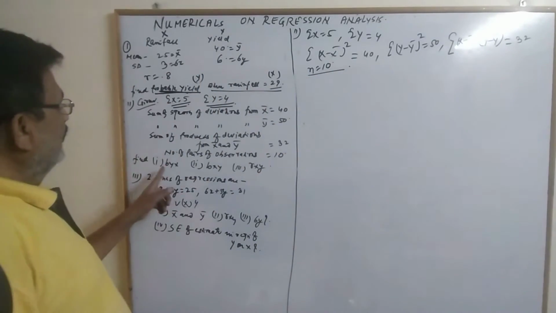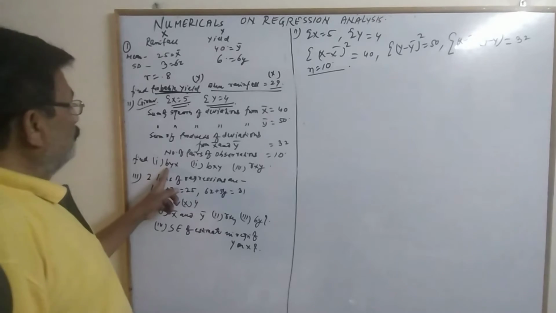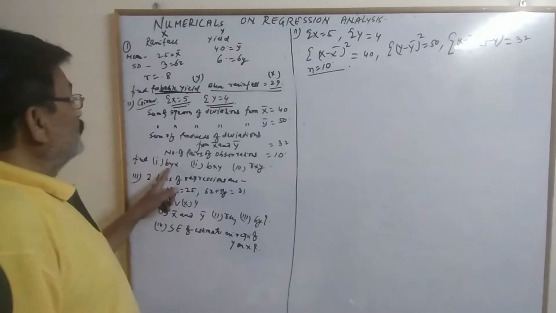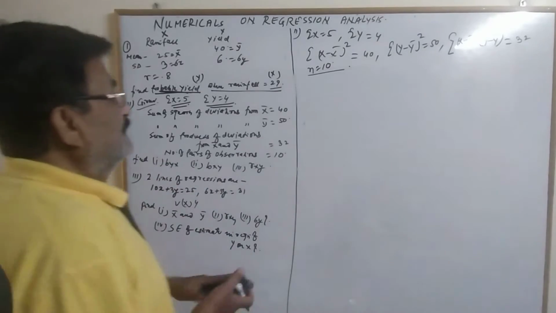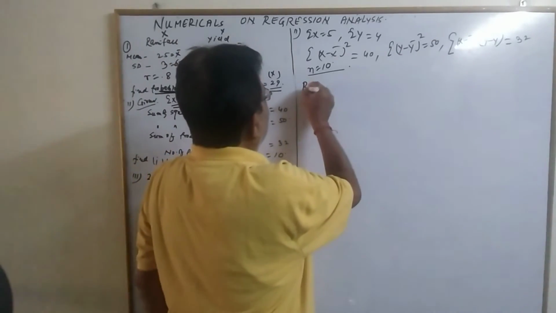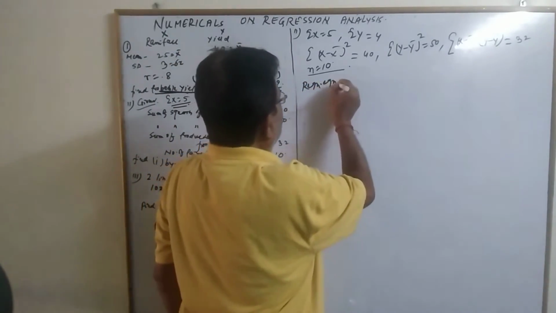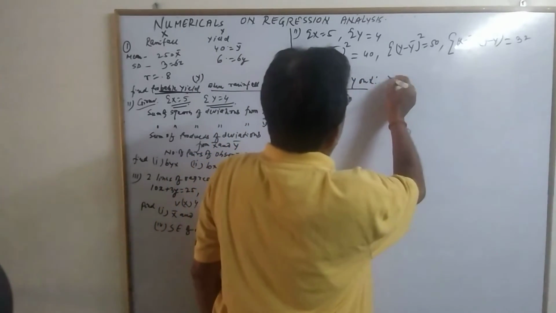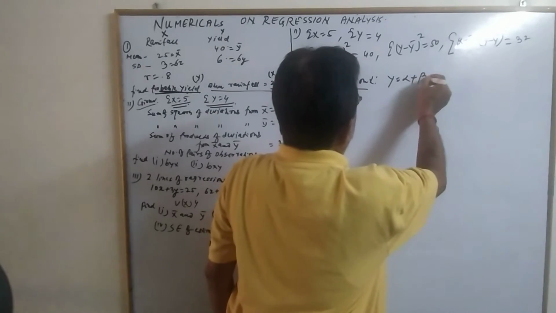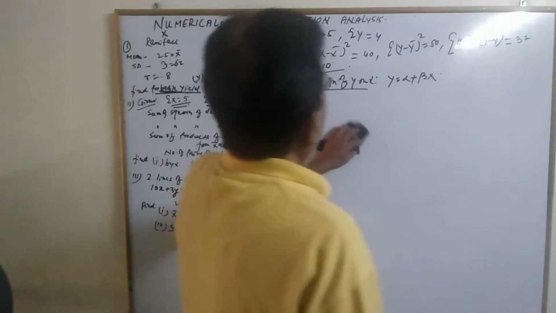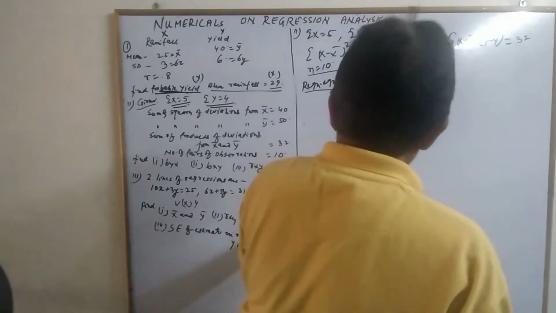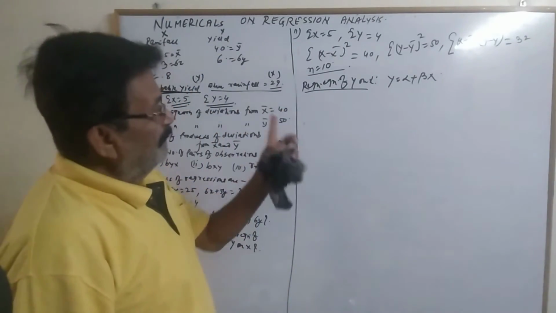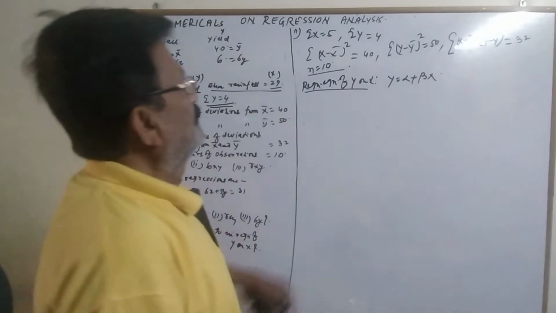Now, what has been asked: find byx. This is the regression coefficient of y on x, for which we shall have to calculate the regression equation of y on x, y equals alpha plus beta x, and everything is given in the form of deviations. So if you remember, my students, here the deviation form of the OLS formula would be used.